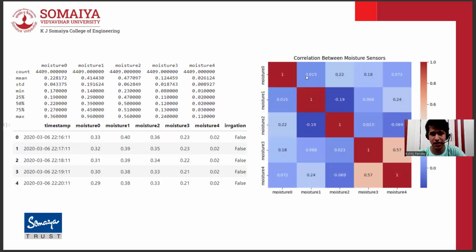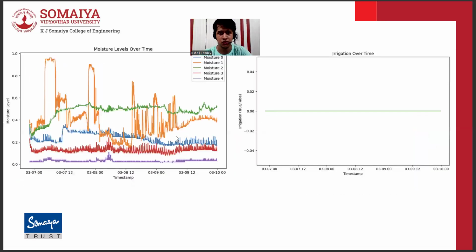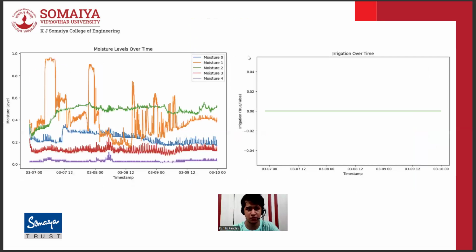As we can see, this graph tells us about the correlation between moisture sensors, what the moisture content is and how much of it there is. The darker the shade, the more moisture content is present. This tells us about the moisture levels over time, how much the moisture level has increased over time.